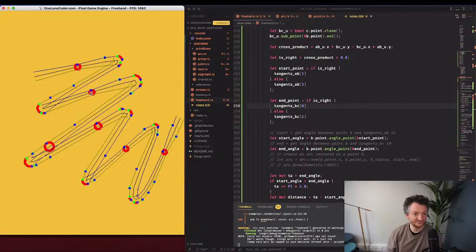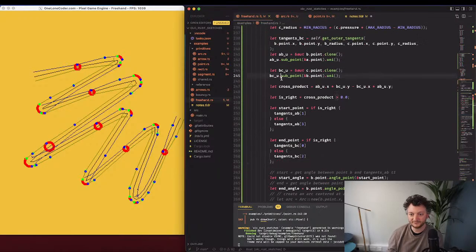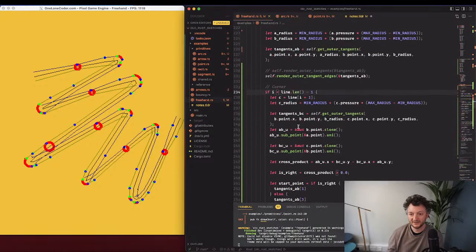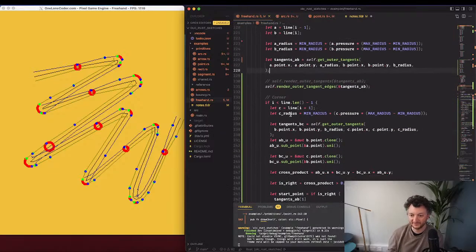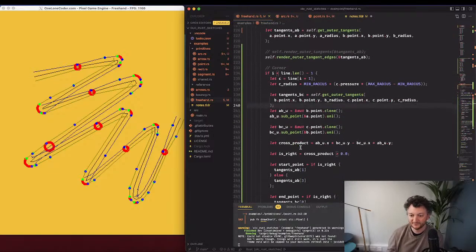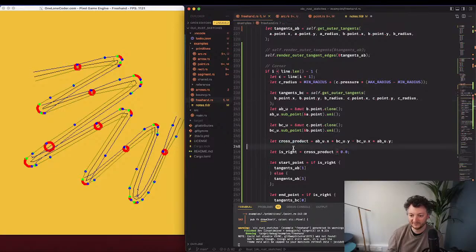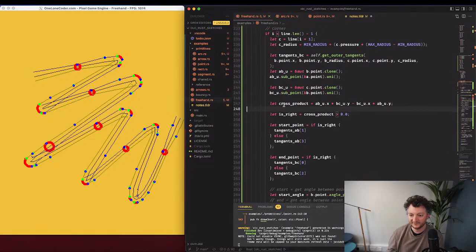These are strange, where it's just a little off. So maybe I can say something like, we only need to do an arc if the difference is a certain amount. So this cross product is the difference.